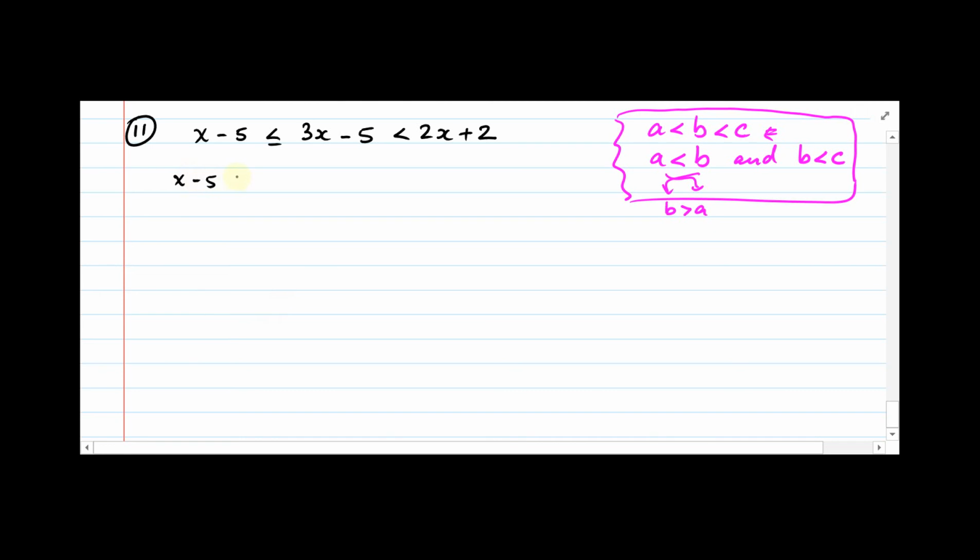So we would have x minus 5 is less than or equal to 3x minus 5. And the key word, do not just, let me write this correctly first and then say something. Some of you have the habit of writing two inequalities, and there is no word to join them together.